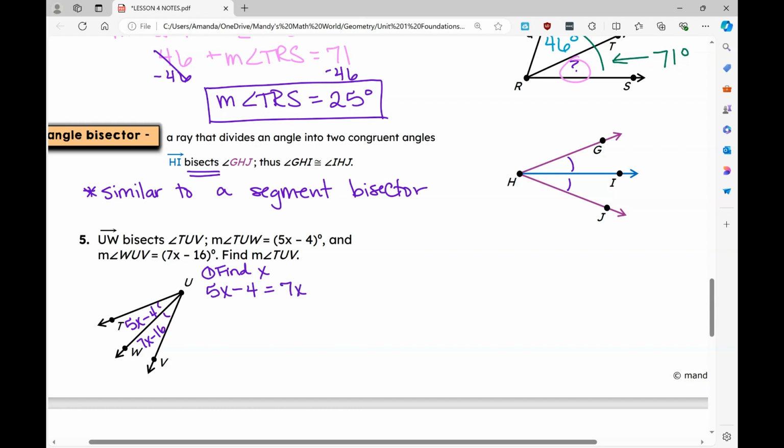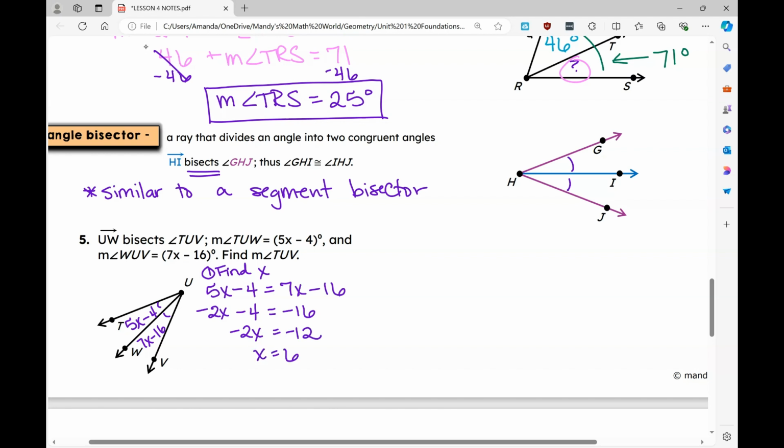And now I'm just going to solve for x. I'm going to subtract 7x from both sides. So I get negative 2x minus 4 equals negative 16. I'm going to add 4 to both sides. Negative 2x equals negative 12. Now I'm going to divide both sides by negative 2 to get x equals 6.